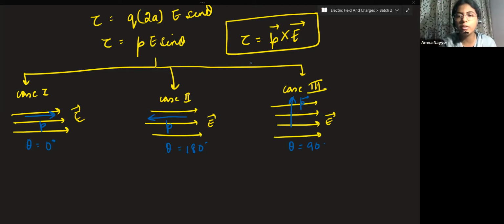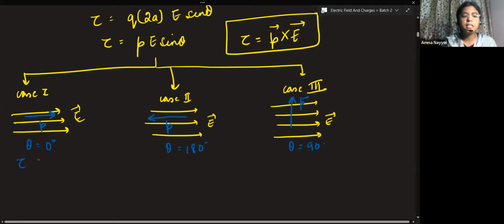The rest of you are not aware of the angles. Now if I put the values of the angle, torque is PE sine 0, that will give me torque as 0. And net force, as we have already discussed, is already 0. So this is a condition of stable equilibrium.